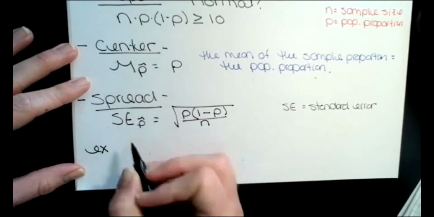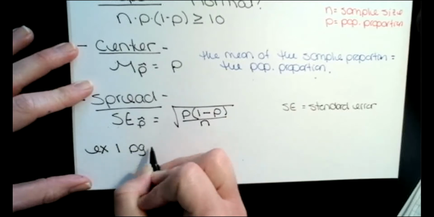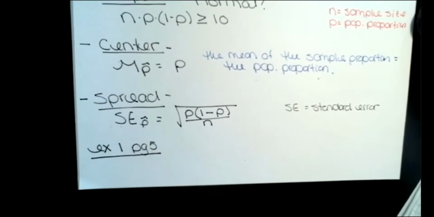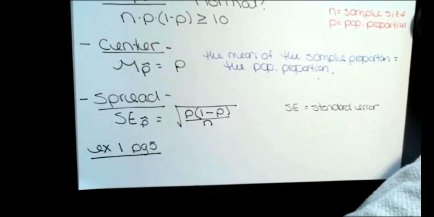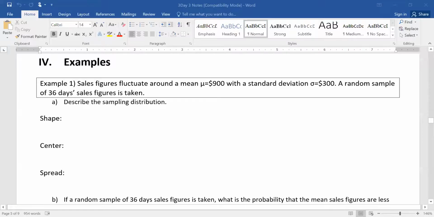So the example I want to look at is example number 1, and this example is on page 5. I'm going to switch over here to my typed notes. Okay, there we go. It wasn't working. So we're on day 3, so these are the day 3 typed notes.